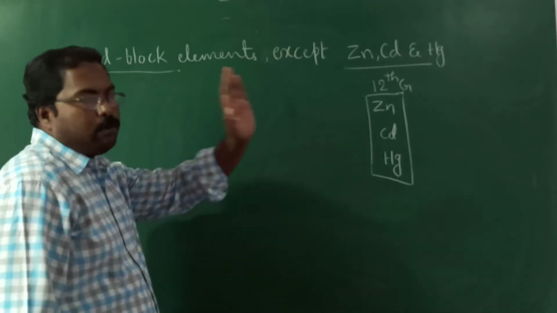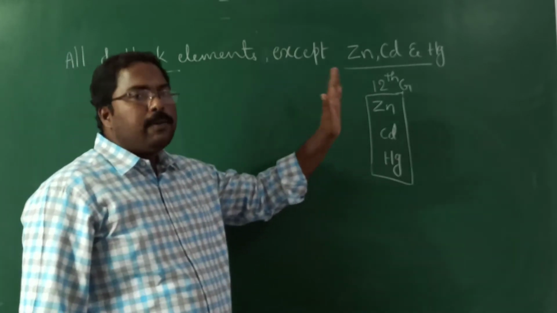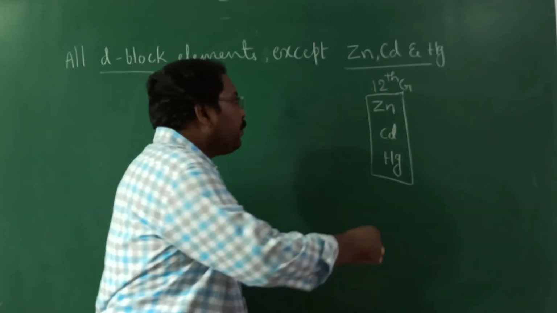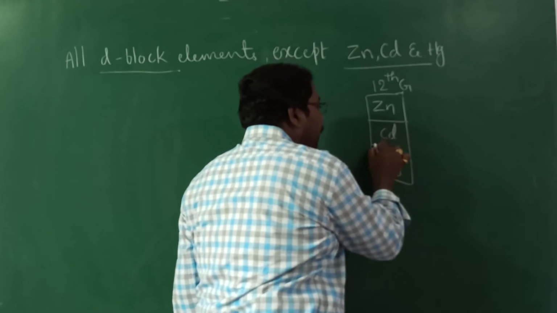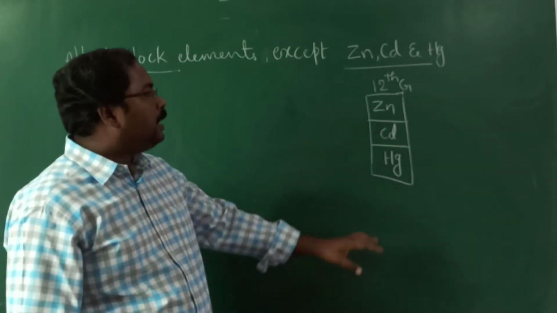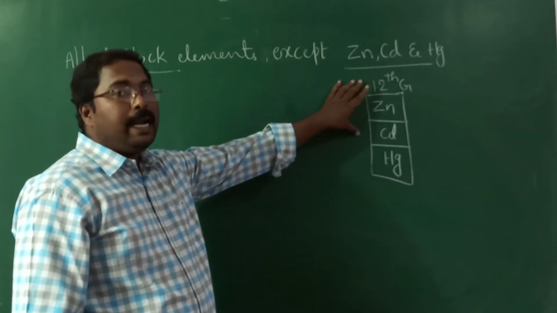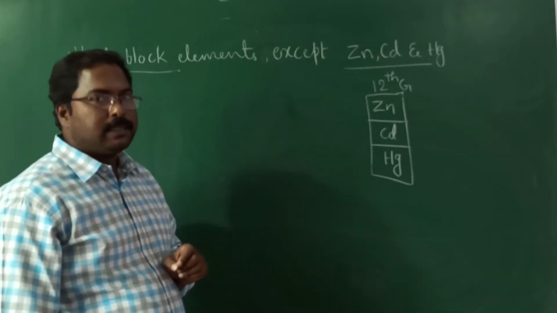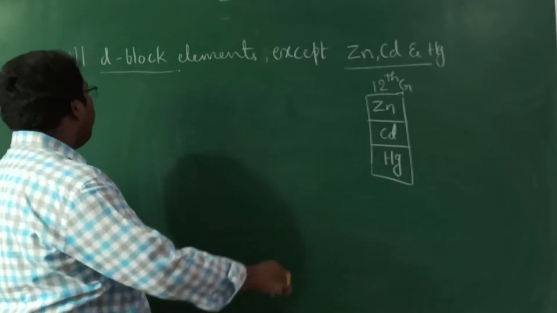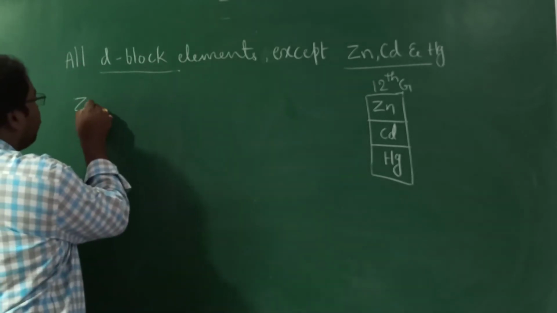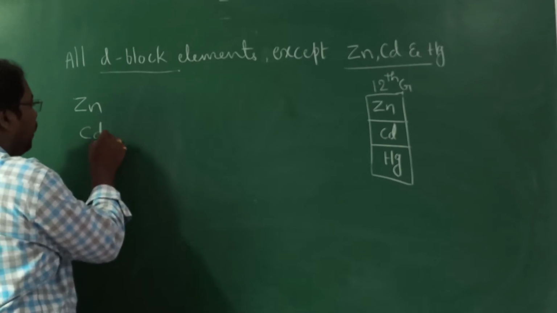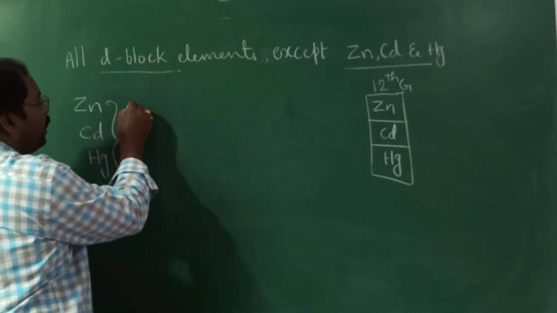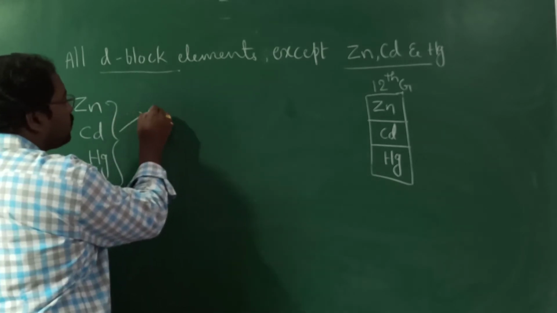When you are moving from left to right, we know the group numbering 1, 2, 3, 4 and so on. Out of that, these three elements belong to the 12th group, and that is the last group of D block elements. So the common point between these three elements, zinc, cadmium as well as mercury, is that they belong to the same group.